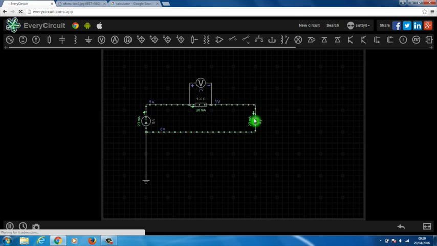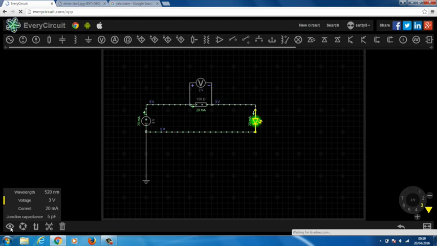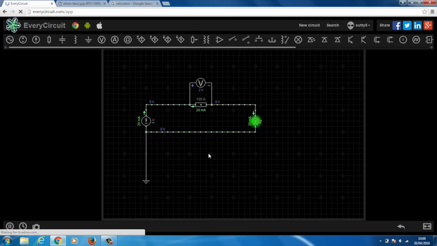So our LED is now being provided with 3 volts at 20 milliamps. And that's the current that we actually required to light our LED as specified in the LED's properties, 3 volts and 20 milliamps. Now we can go ahead and do a visual demonstration of what Ohm's law states.